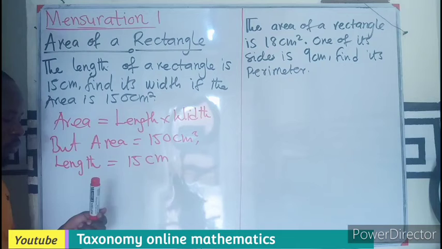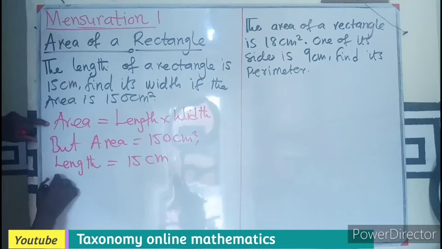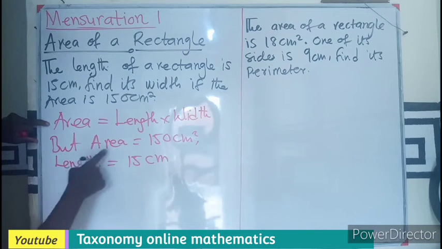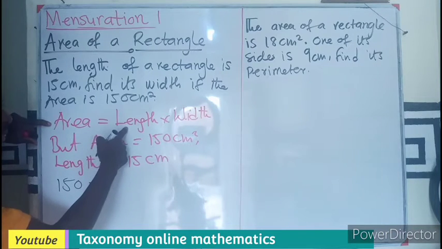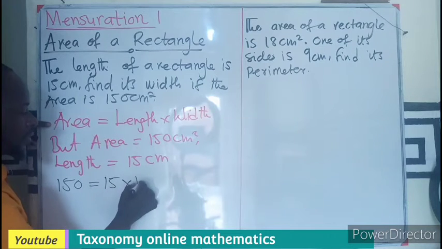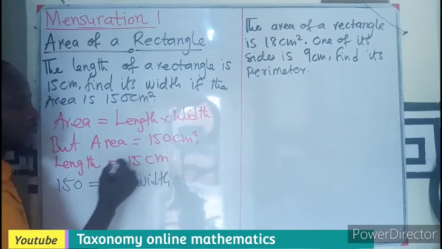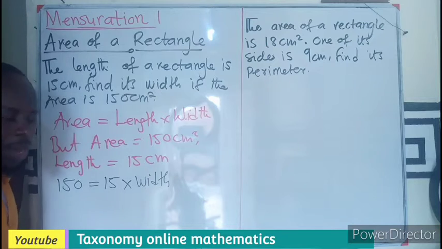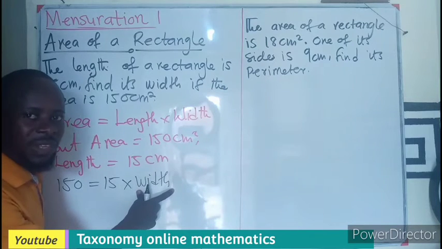So by substitution, we can say that our area, which is 150, is equal to the length, which is now what? 15 times the width. What are we looking for? This is the only unknown quantity.